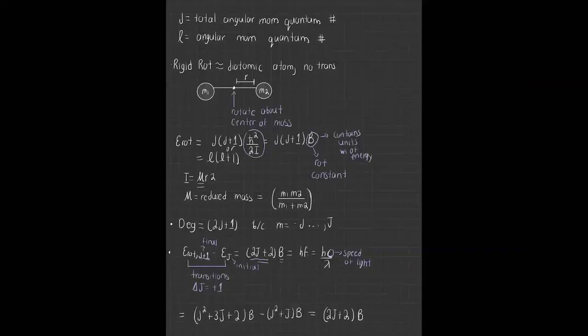All right, and this is just an example from my exam last year. Consider the energy difference between the levels from J equals 10 to J equals 6. Based on our equation, we can just calculate this.